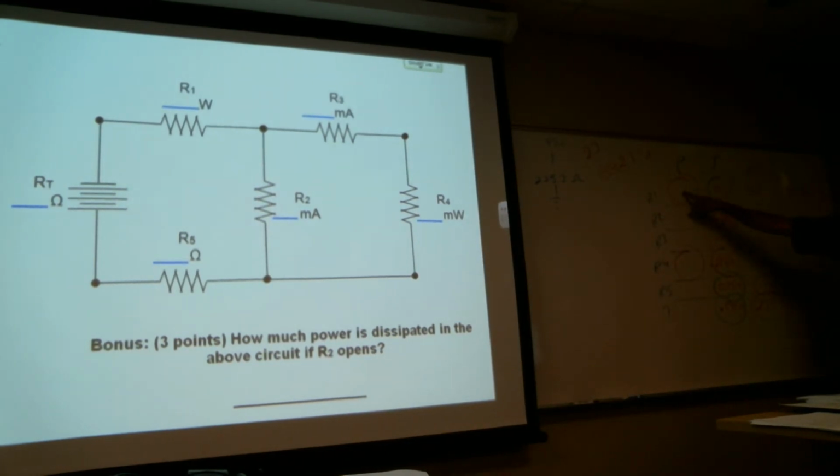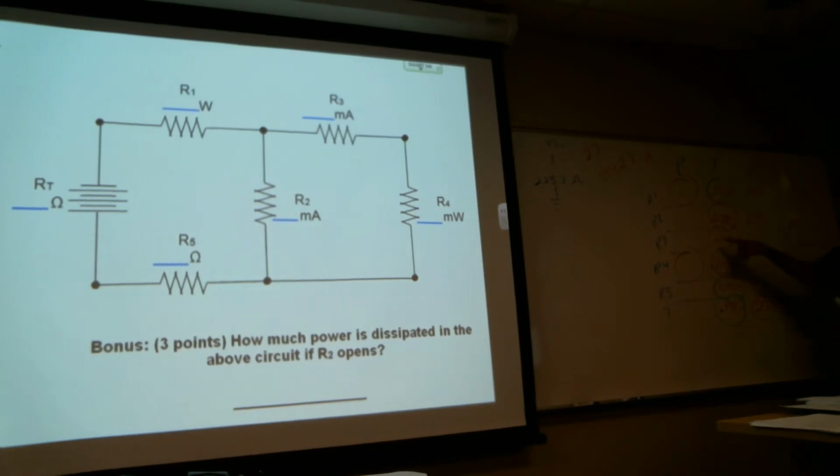They gave me power for R1, so I've got two values. I've got current and power for R1. For R2, I've only got current. Actually, for R2, I only have current right now. I'm just going by what I circled. R3, I have current only.